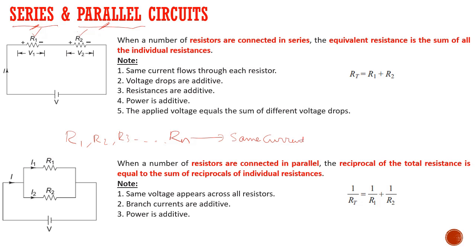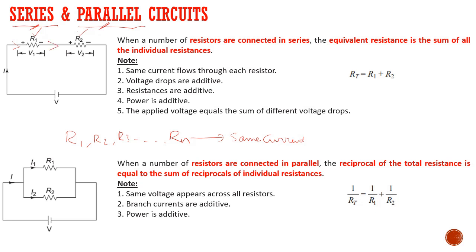And not only that, the output of one resistor is connected to the input of another resistor. Look at the circuit here, R1. The current is starting from the source voltage, coming like this, entering here and leaving here.